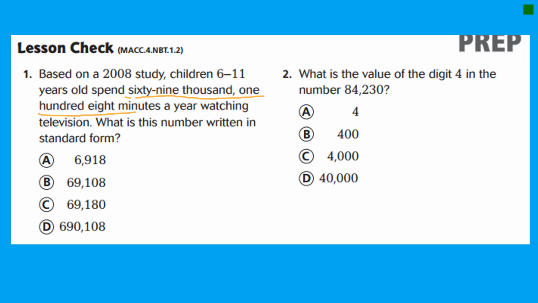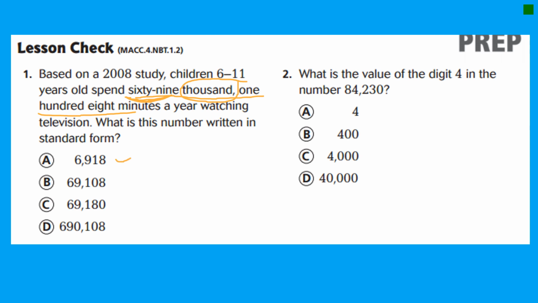Okay. You see that comma and the word thousand? Right before that, you see the word 69. So I know if I look at these choices, I'm going to have the number 69 and then a comma.